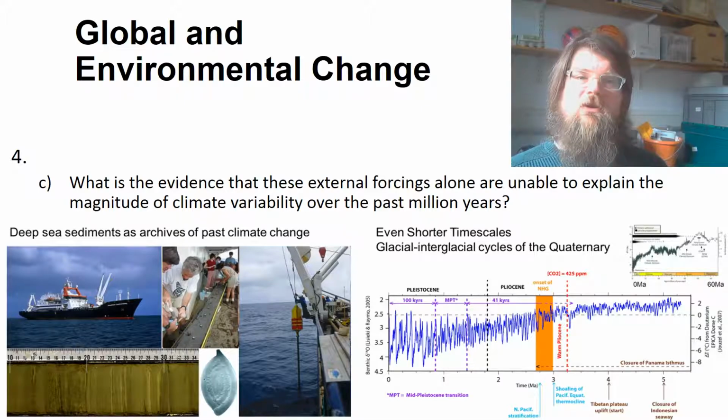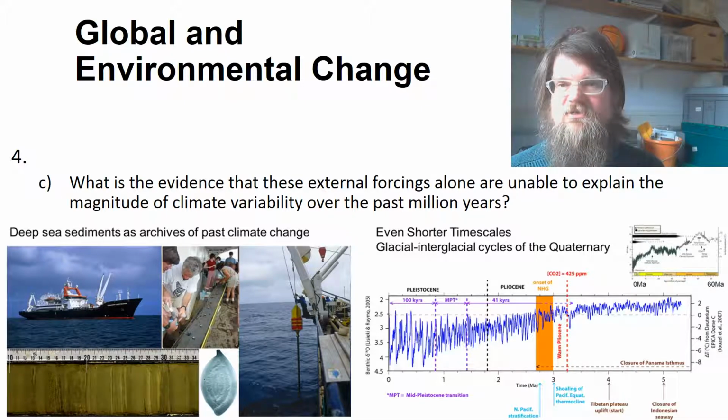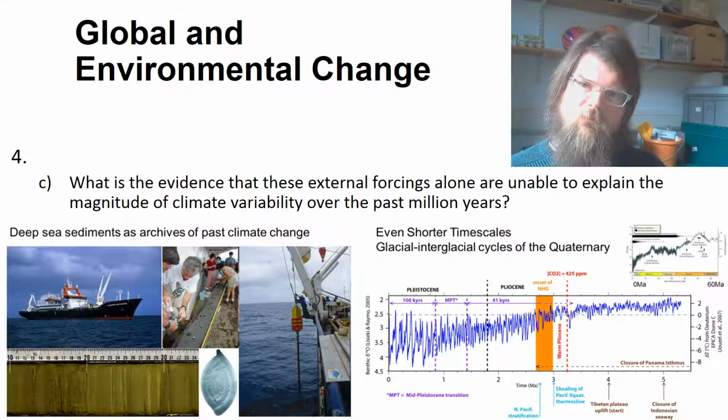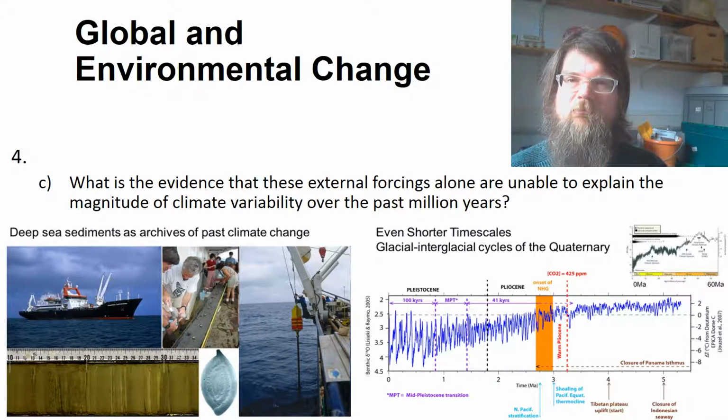You could have also gone into, the question is asking, what is the evidence? So what is this evidence? What is this climate record constructed from? So you could have given some details about where we get proxy records from. That was bringing in another part of the course, from the second lecture, I think, about proxies. Where do we get these lines of evidence of climate change from? That's what we're looking for in this question.